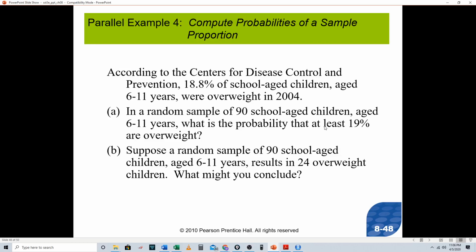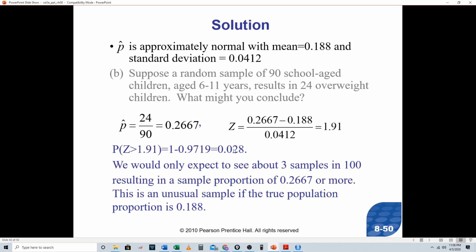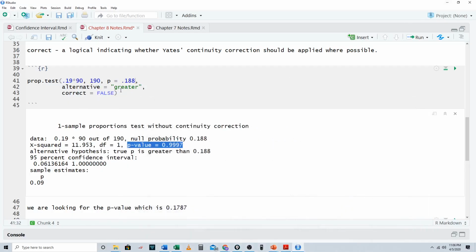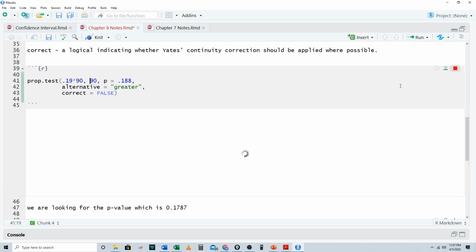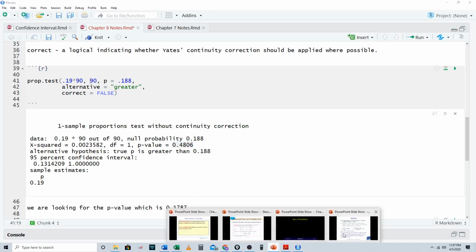That's greater than, right? Oh, that's 190. Okay. Make sure you're correct here. All right, so there's the p-value. I think we're correct here.